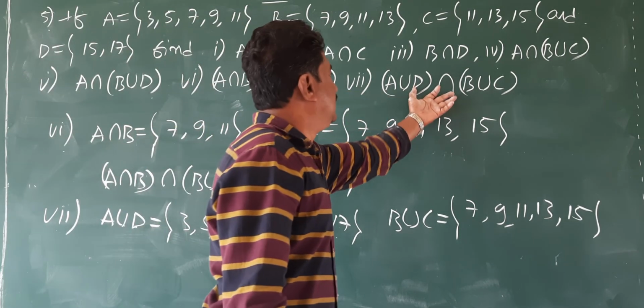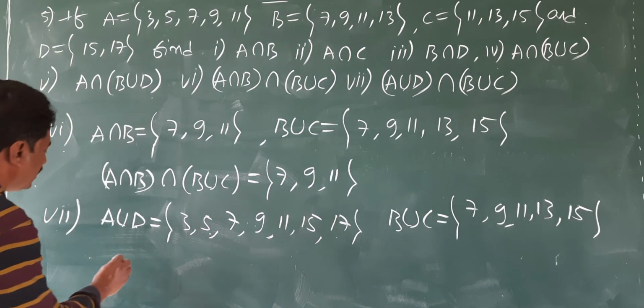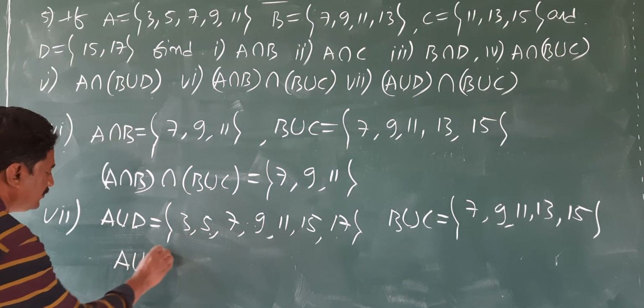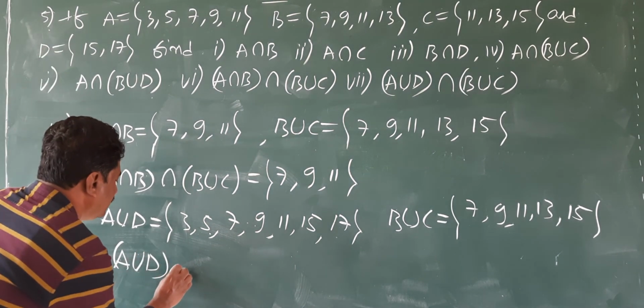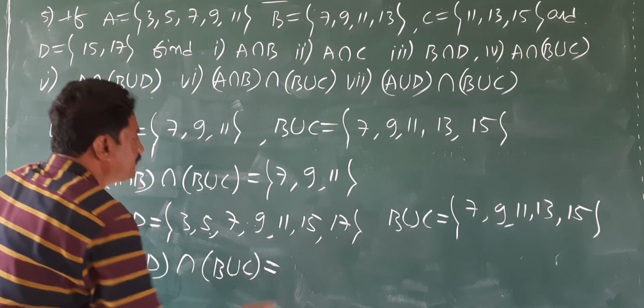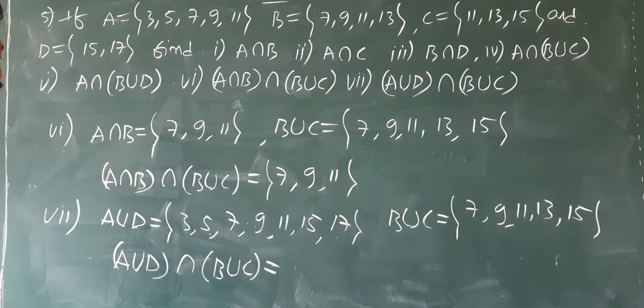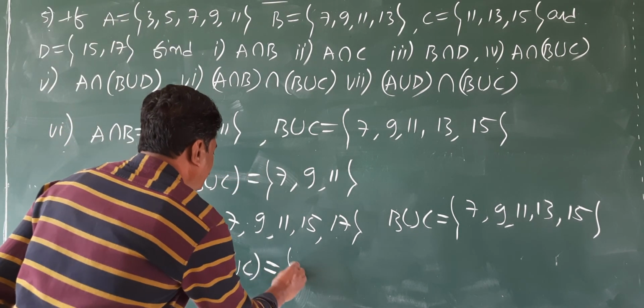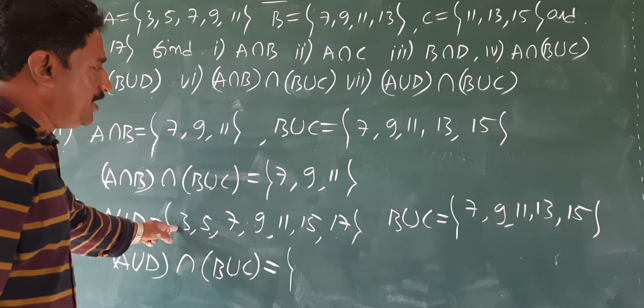Intersection of A union D and B union C. Intersecting means picking common elements, right? 3, is this a common element?